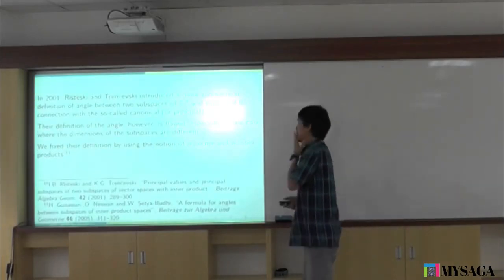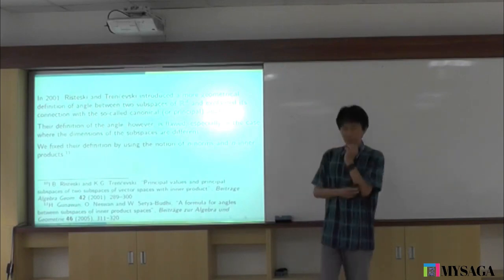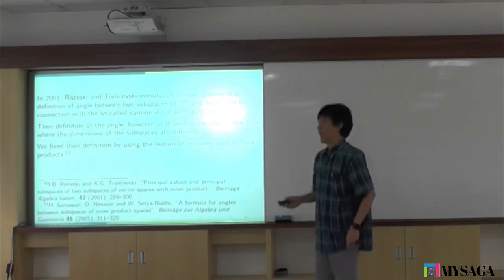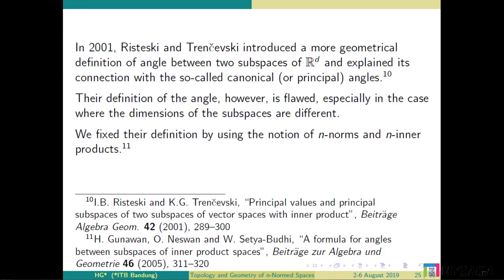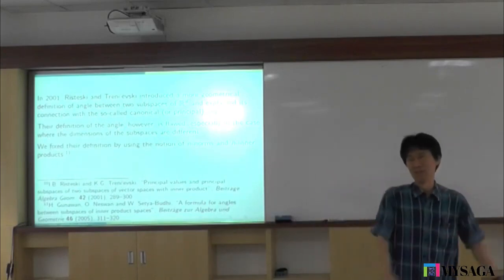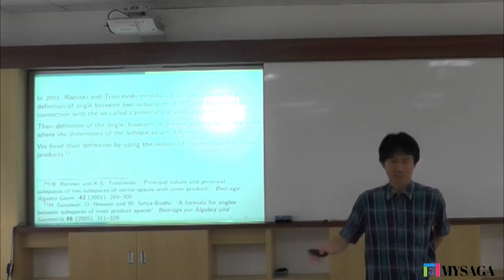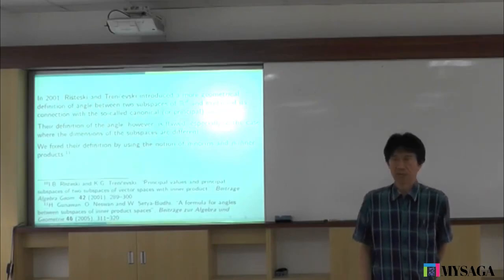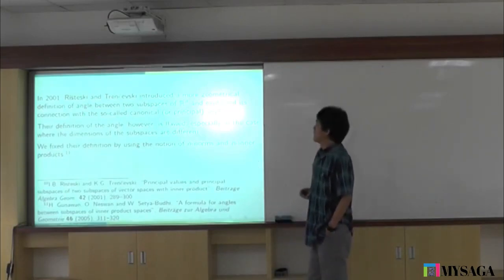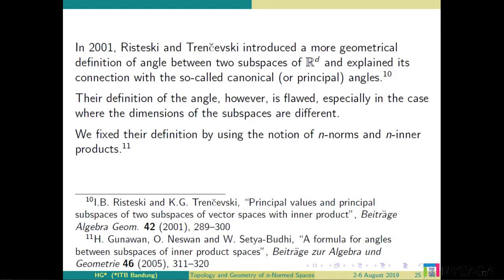I will start with this result. After several years working on the theory of n-norm spaces and n-inner product spaces, I encountered this paper by Risteski and Trenčevski, who introduced a definition of angle, I would say more geometrical, in the sense that in statistics they define the angle as a sequence of angles, so we get lost about what it is geometrically. But they introduced a definition of angle between two subspaces of the Euclidean space R^n, and explained its connection with the principal angles.